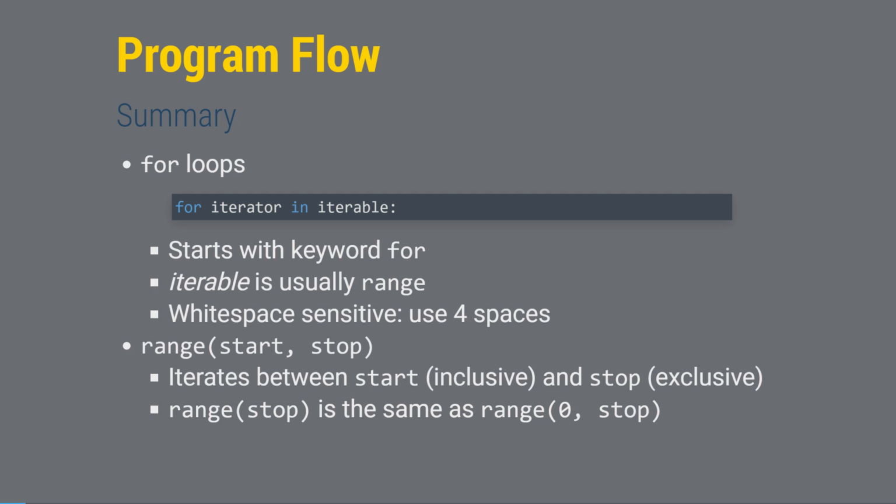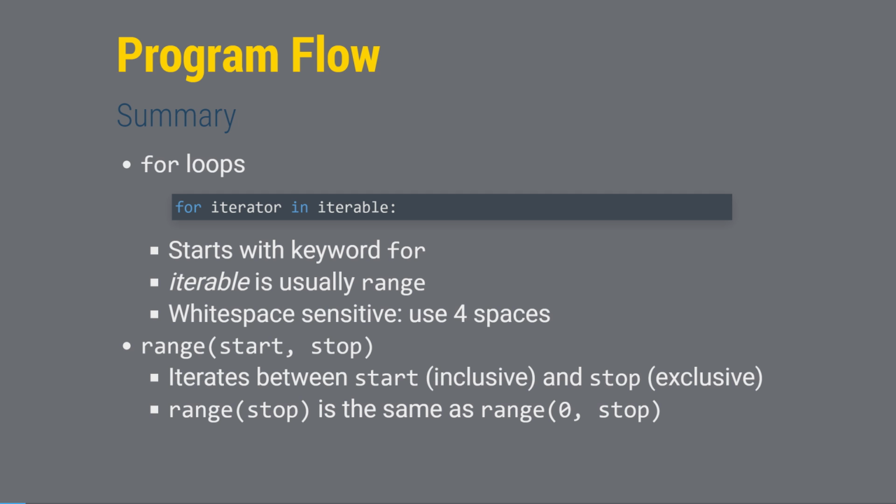Iterator is usually a variable, something like I or X, and it's going to be a value you want to use in the loop. Iterable, in most cases we're going to see, is going to be range, which is simply a method to generate the numbers 0, 1, 2, 3, and so on. In general, range takes two parameters, start and stop.